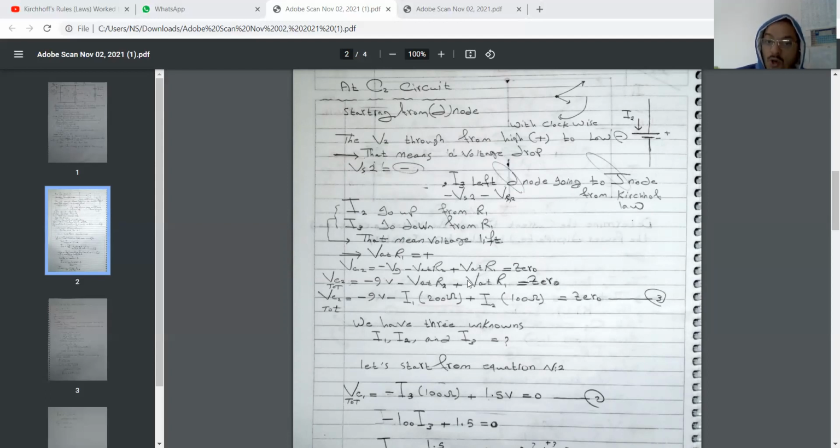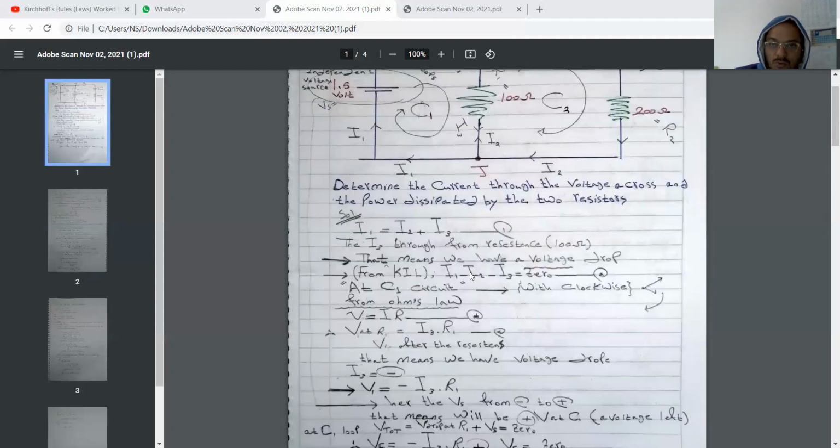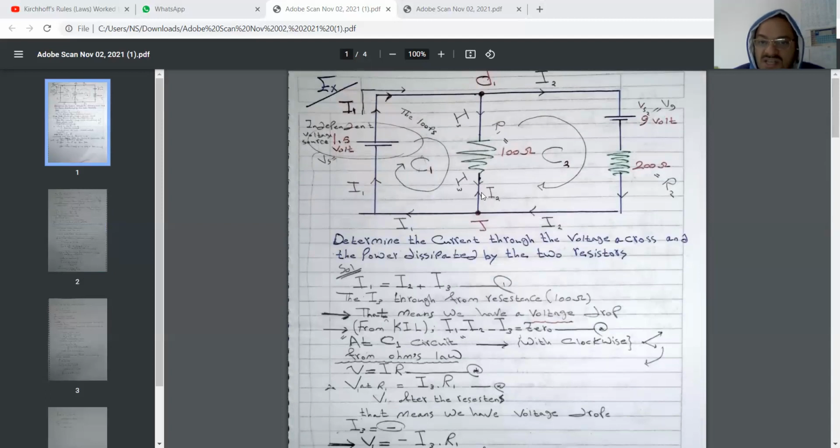Let's discuss why the drop at resistance 1 is positive here. I2 comes from node G and goes directly to node D, which is the reverse of I3 here.